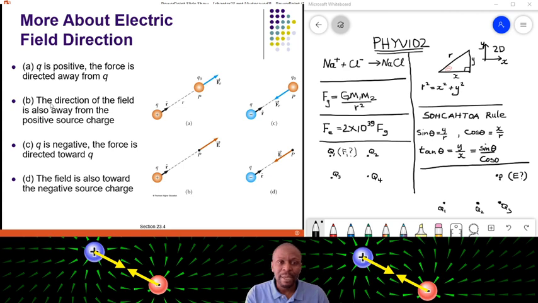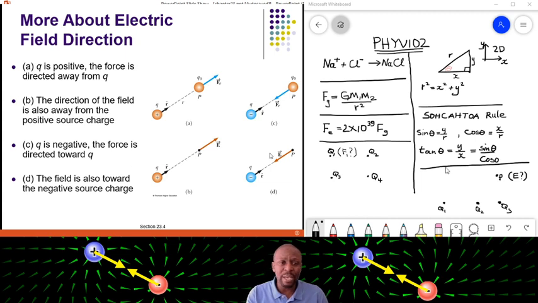Now, the direction of the electric field: say you've got a point P somewhere, and you have the source charge Q. You want to measure the electric field at point P. Now, if the charge is positive, the field at point P is always away from the positive source charge.